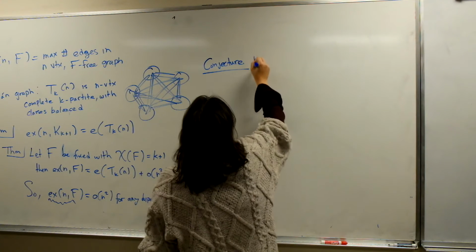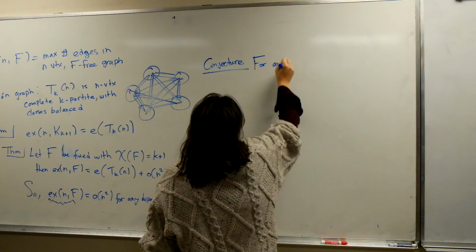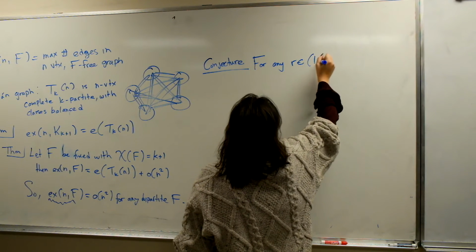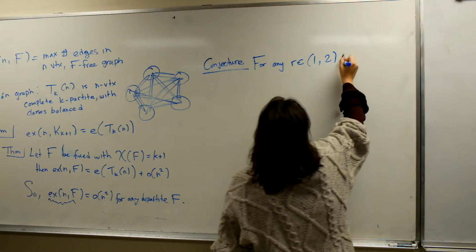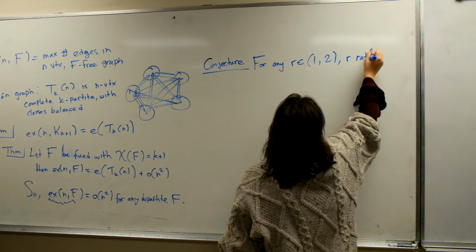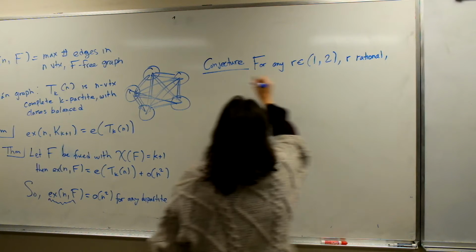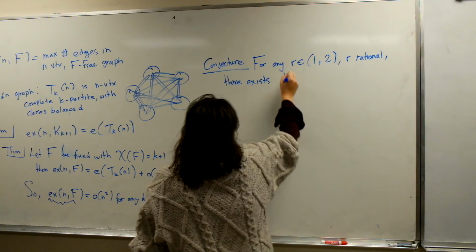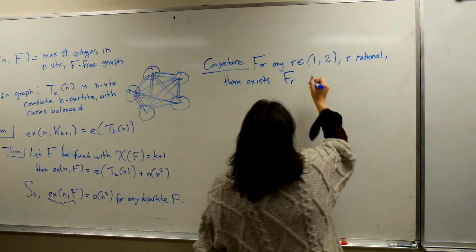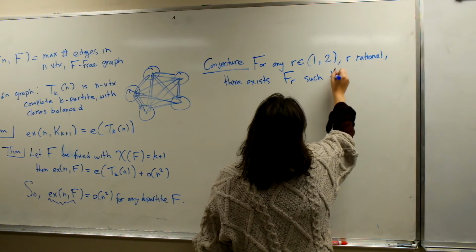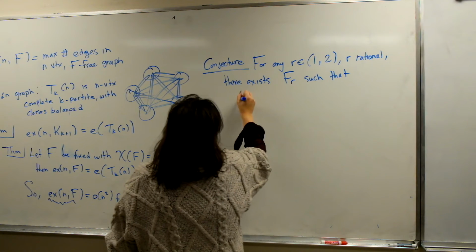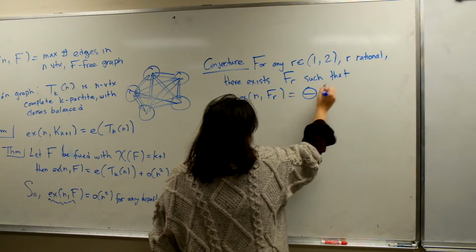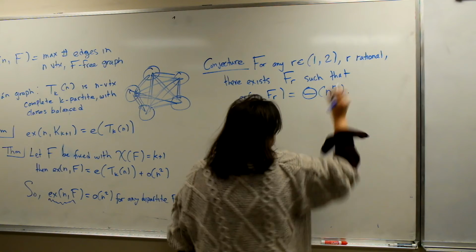which says for any rational r in the interval from 1 to 2, there exists F_r, it would have to be bipartite, such that ex(n, F_r) is theta of n to the r.